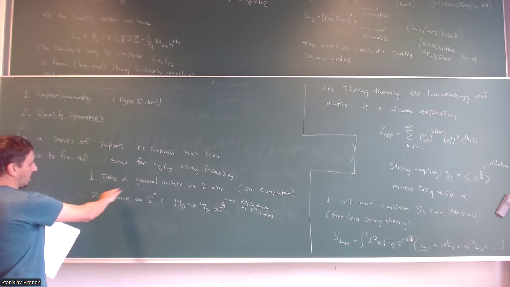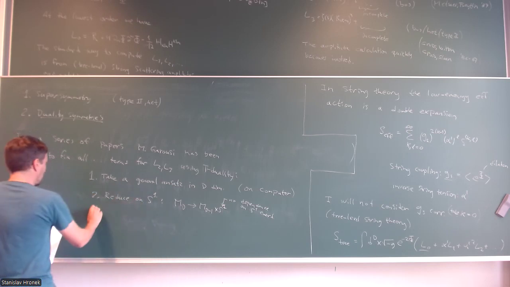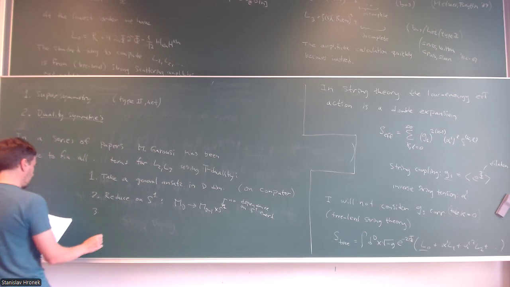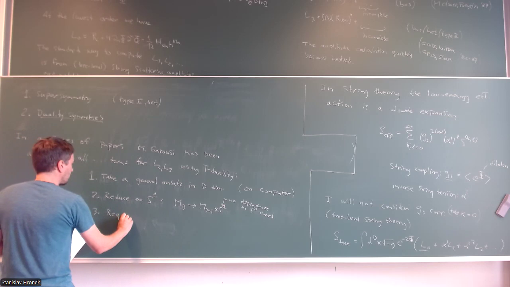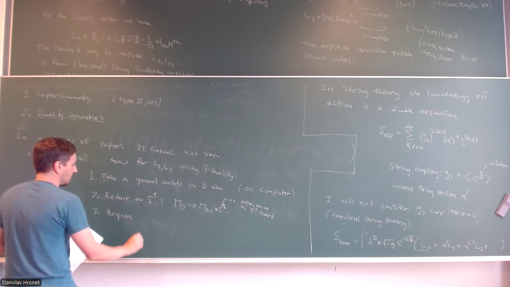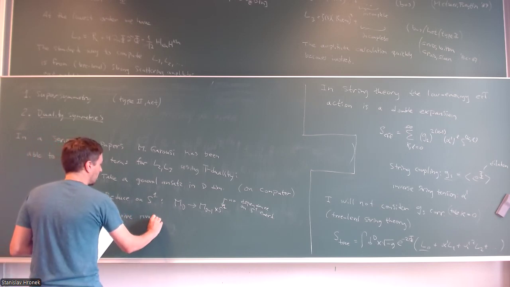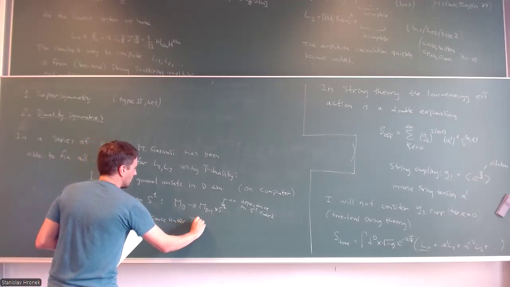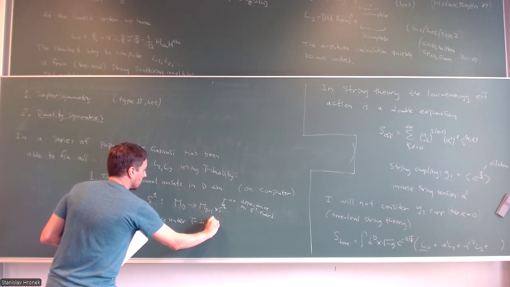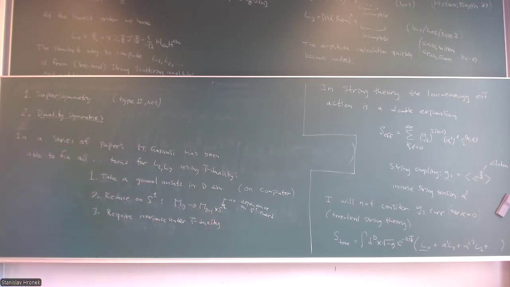Okay, so you take the general effective action, you reduce it on S1. Step three, you require the result to be invariant under T-duality. Yeah, okay, so I understand. So you write down all the terms not assuming any isometry. Then you assume an isometry and reduce. But you still see that you can fix all the coefficients. Yeah.